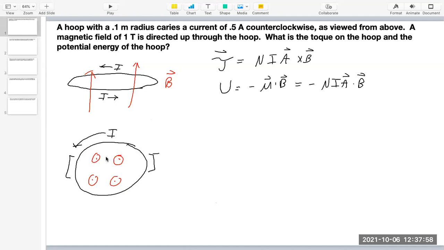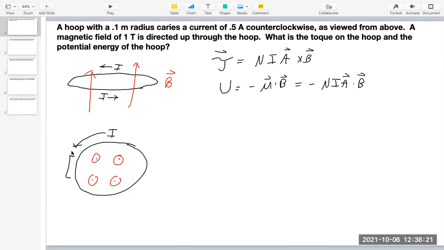So the force will be in the opposite direction as well. So there's not going to be a net force. Same with the top and the bottom, and the top right and the bottom left, it just all cancels out. So segments of the wire can experience a force, but the wire as a whole does not.